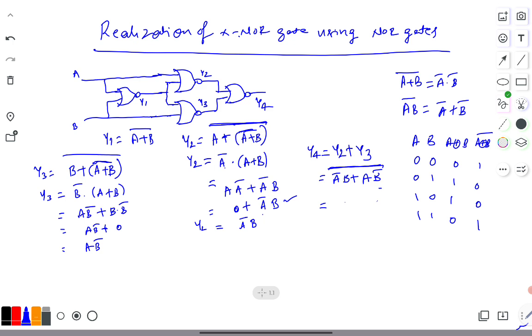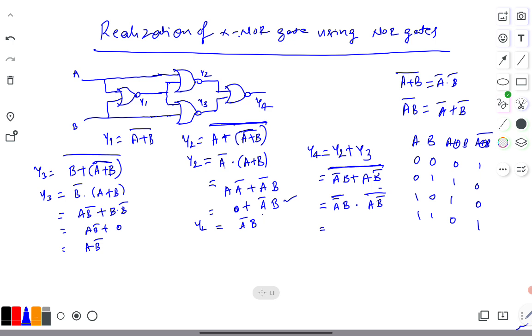First let's take it as A bar double bar B dot A B bar double bar.